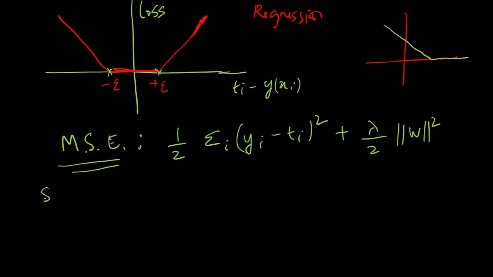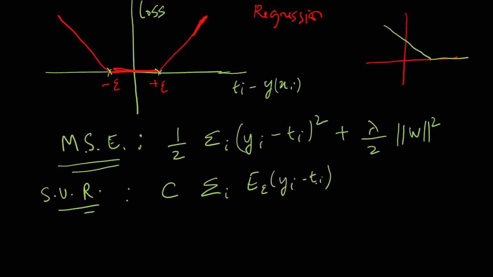Instead, for support vector regression, the loss is going to be that we will have some C times the sum over i of the loss E epsilon of yi minus ti.